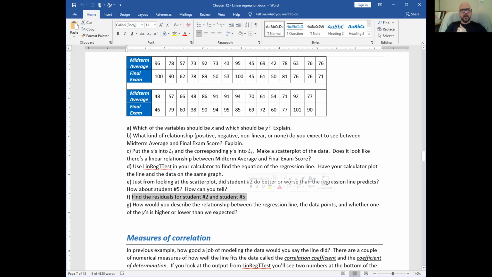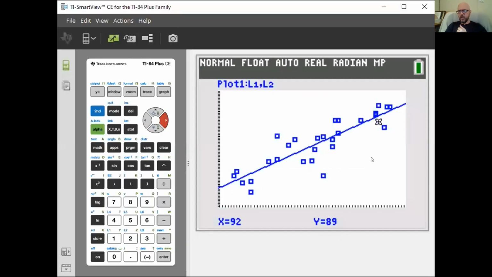So let's see how we can calculate that. The way we want to think of this is we want to see what this data value was relative to the line, and I would like positive residuals to correspond with being above the line, positive numbers meaning that this was higher than we expected, and negative residuals to correspond with being below the line, like this guy or this guy, right?